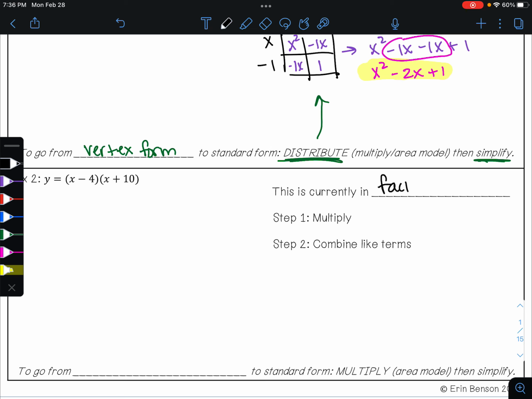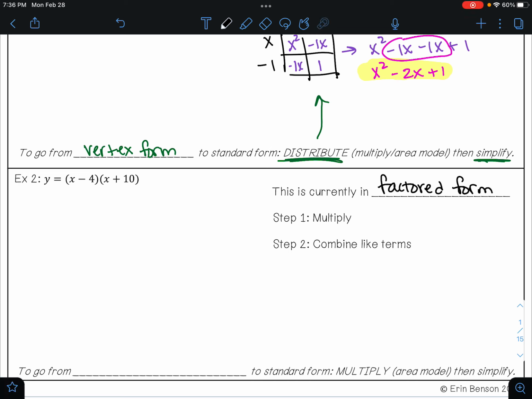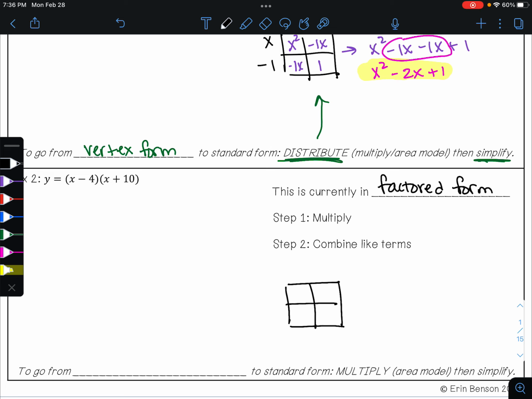I know it's in factored form because I can see here that I have very clearly 2 separate factors. So to go from factored form to standard form, our first step is going to be to multiply. And so I'm going to use the area model. I'm using the area model because I have a binomial being multiplied by a binomial.